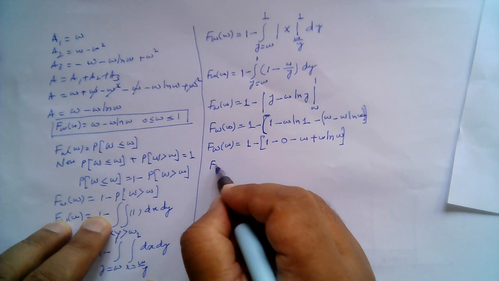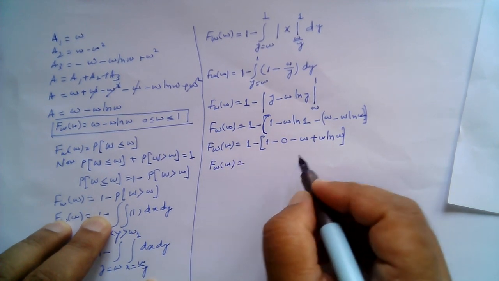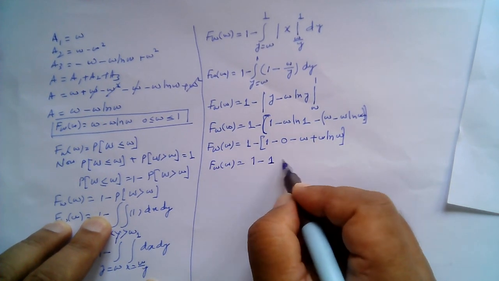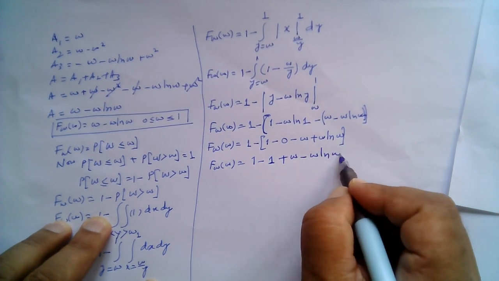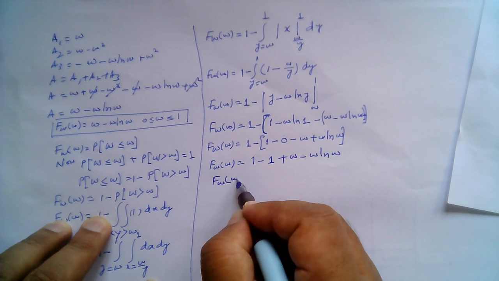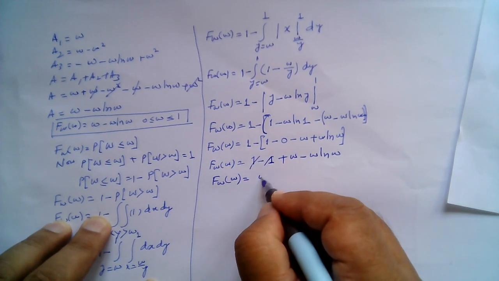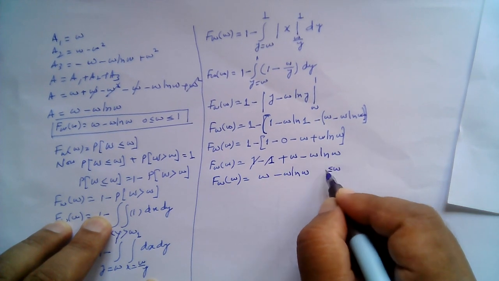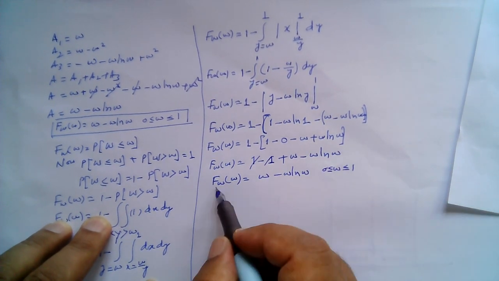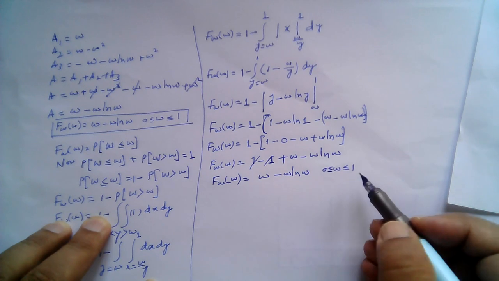So F_W of w is given by 1 minus 1 plus w minus w natural log of w. So F_W of w is w minus w natural log of w for w greater than 0, less than or equal to 1. So okay, we have determined F_W in a different way also.